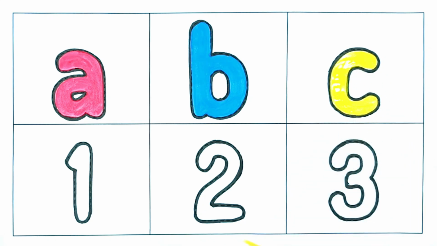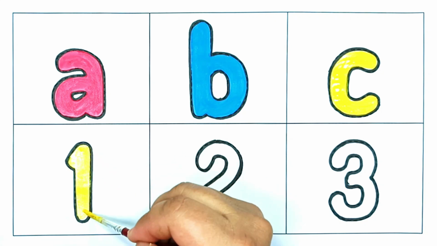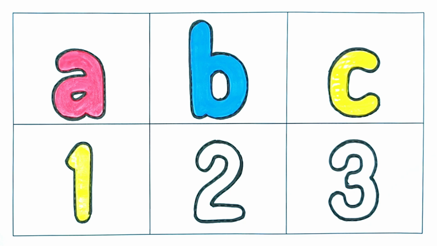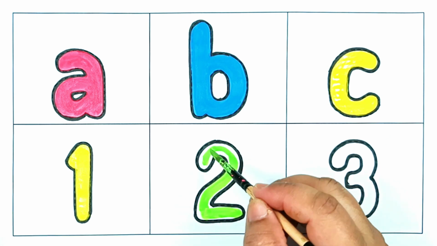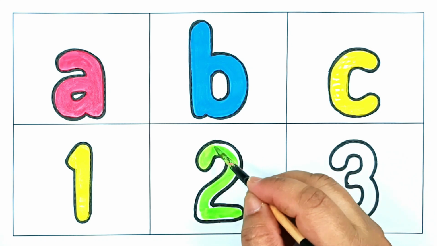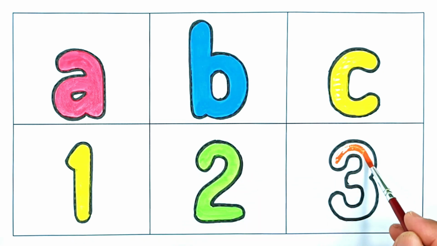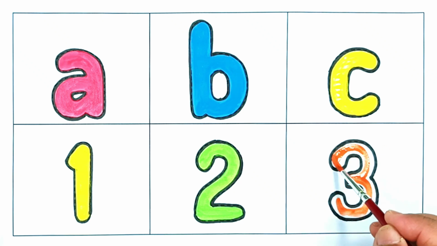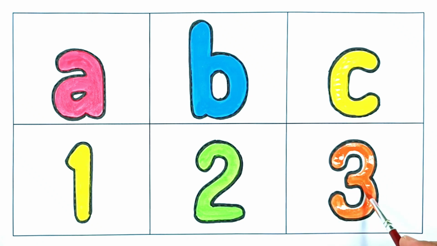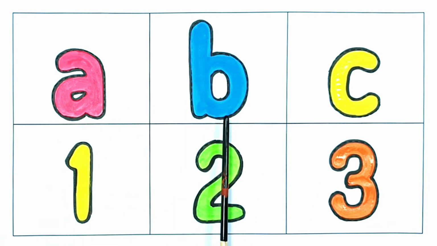C for cat. One. 1. 2. 2. 3. 3. A, B, C. 1, 2, 3.